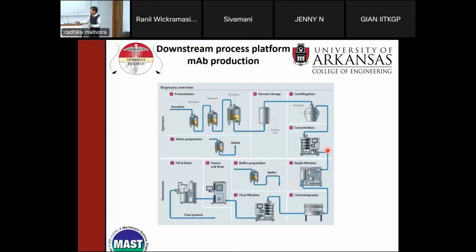Let's go back to this figure because I always like to make sure that you remember where we are. So what we've talked about then is all sorts of sterile filtration operations all over the place here because we are introducing media, right? So there are these sterile filters that we've talked about. We've talked about a replacement to all this using depth filters, right?